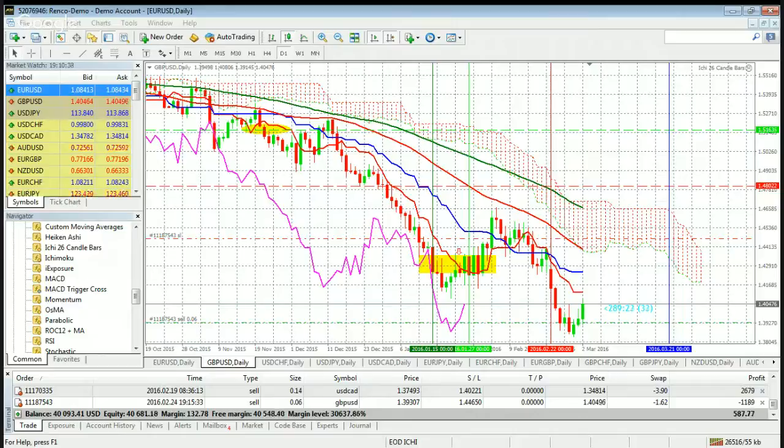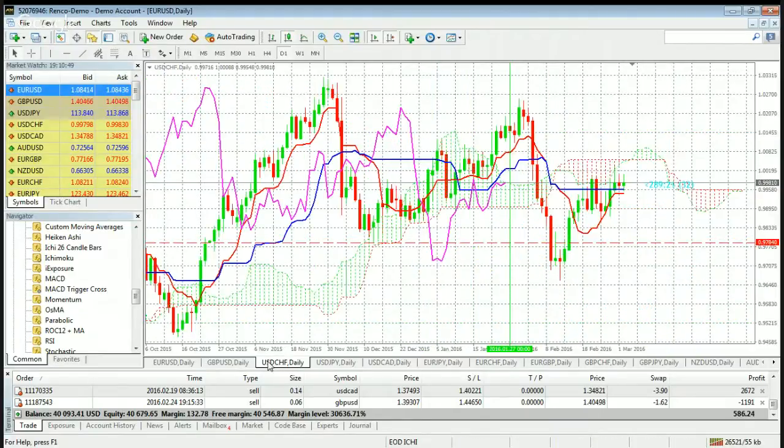Okay, so far everything looks good then. Okay, now let's have a look at the US franc. Now with this one, okay, what do you guys think? What's happening here? Okay, remember what we looked at a week ago? What do we have?